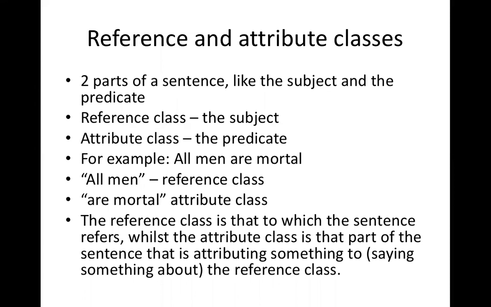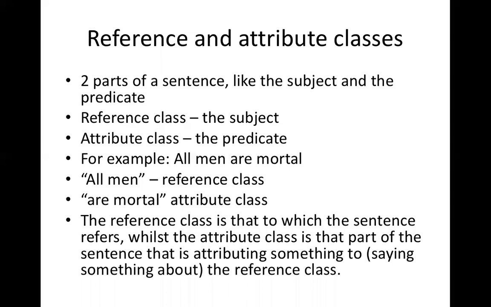Are mortal is the attribute class. The reference class is that to which the sentence refers. So it is simple. The reference class is that to which the sentence refers, whilst the attribute class is that part of the sentence that is attributing something to or saying something about the reference class.